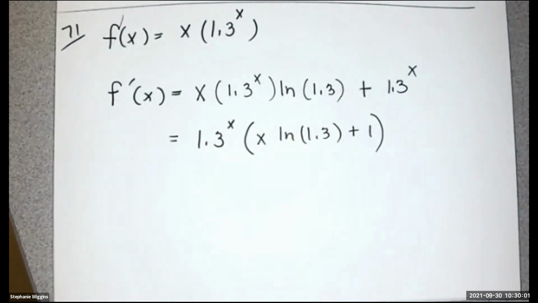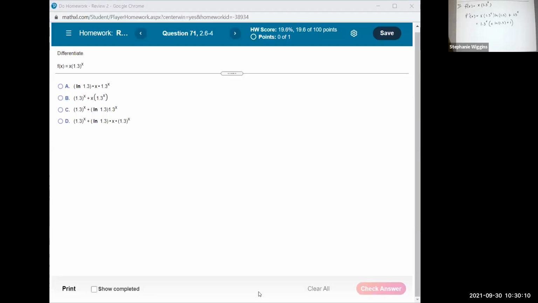Now, I don't know what format they're going to have it in, so I'm going to check now and see which one it is. So here's 1.3 to the x plus x times 1.3 to the x natural log of 1.3.